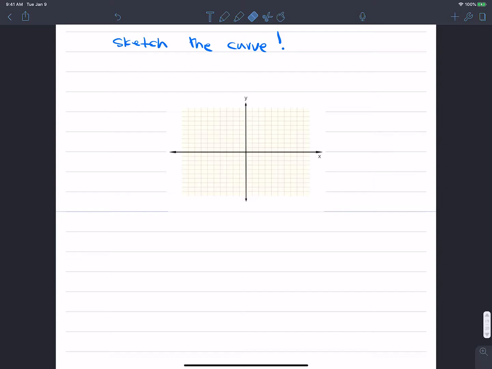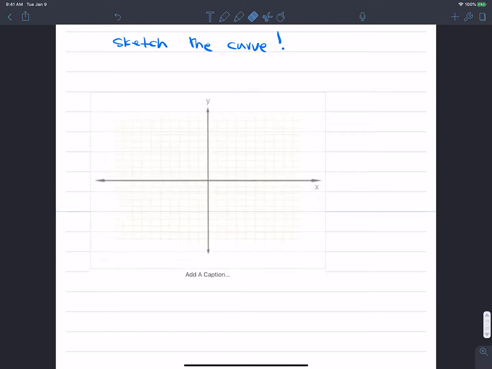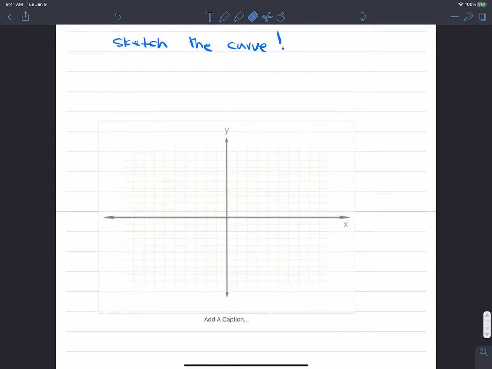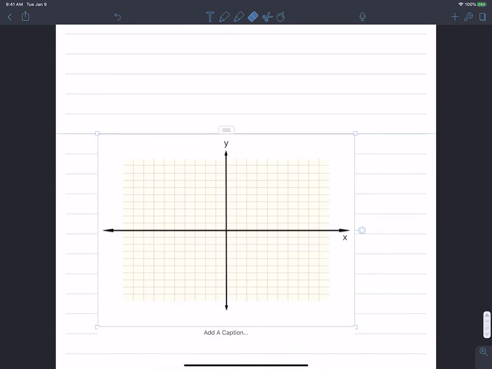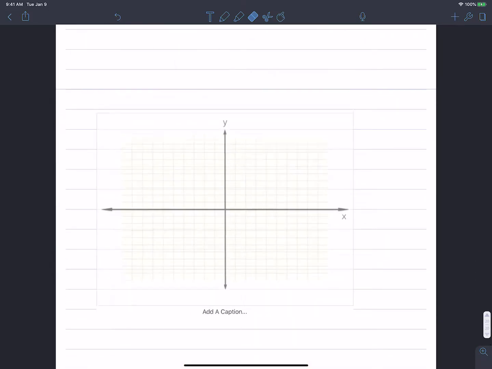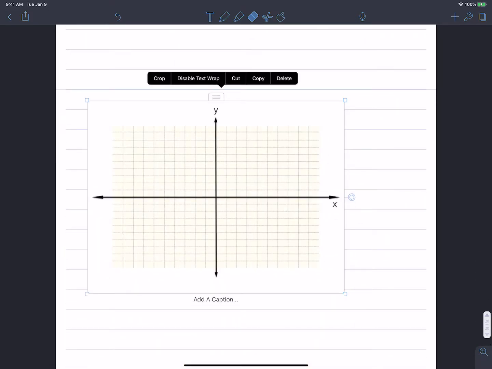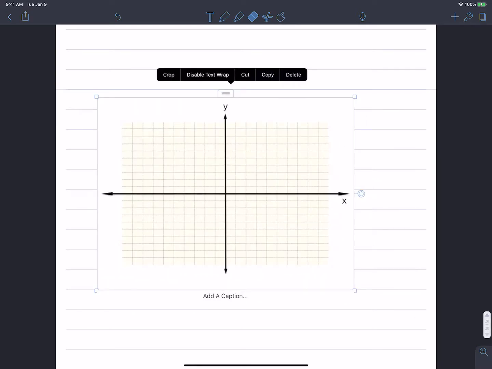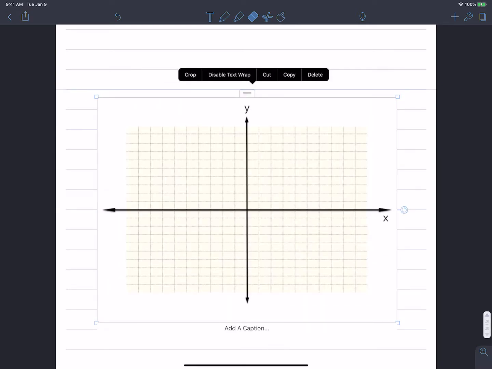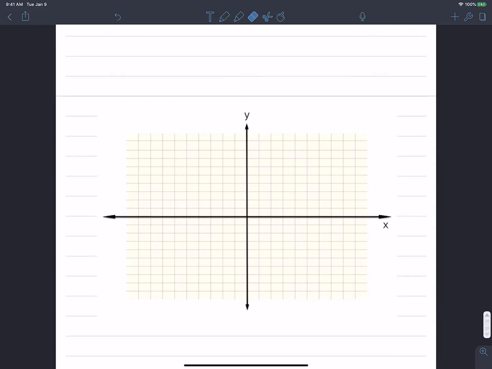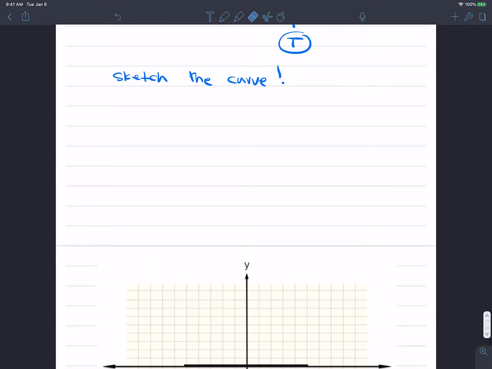See what I'm talking about? It doesn't like being on that boundary. So we'll do it right here. We're going to have to sketch the curve here.